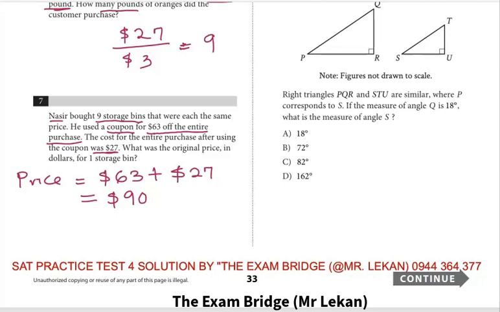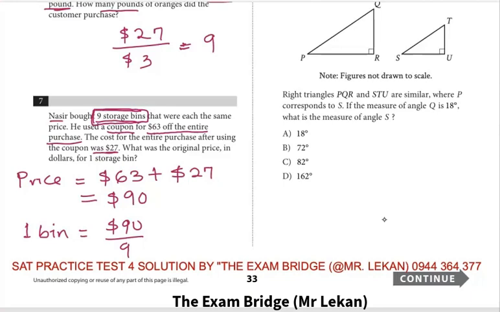Now the question is, what was the original price in dollars for one storage bin? He was able to buy 9. So the price for one storage bin will be equal to this $90 in 9 places.